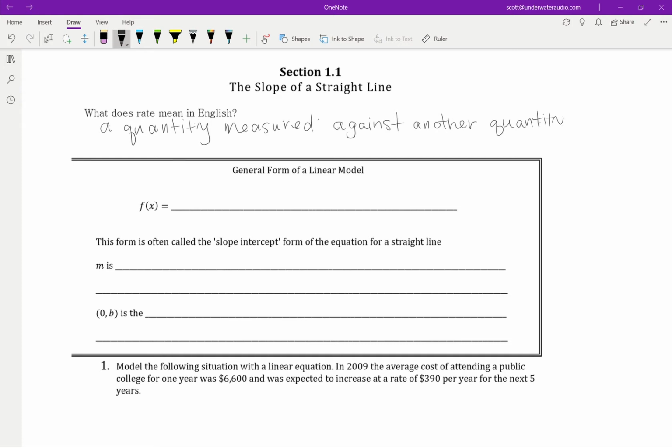So an example of a rate would be miles per hour, or ounces a second. But we could get even more bizarre, like root beers per pizza.